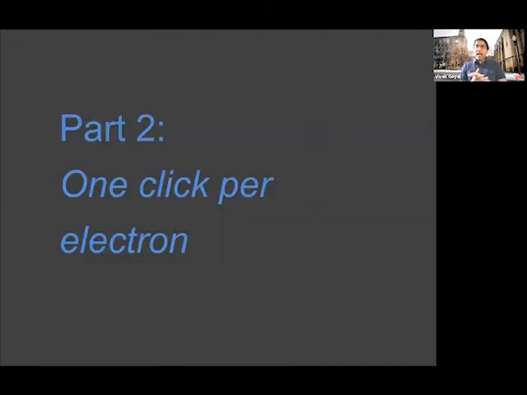Now, I'm going to change from problems in which we have 1 click per photon to instead having 1 click per electron. And this part's shorter. It's to reinforce the idea that particle level modeling of what's going on in an imaging system can lead to new methods, but to show you that in a different sort of problem domain.